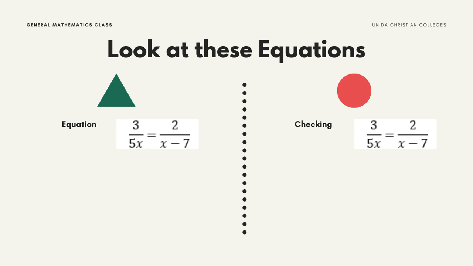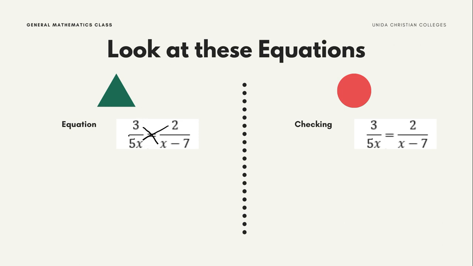Okay, so look at these equations. Given we have 3 over 5x is equal to 2 over x minus 7. Okay, so how can we cross multiply? Okay, cross multiply. So multiply po muna natin.